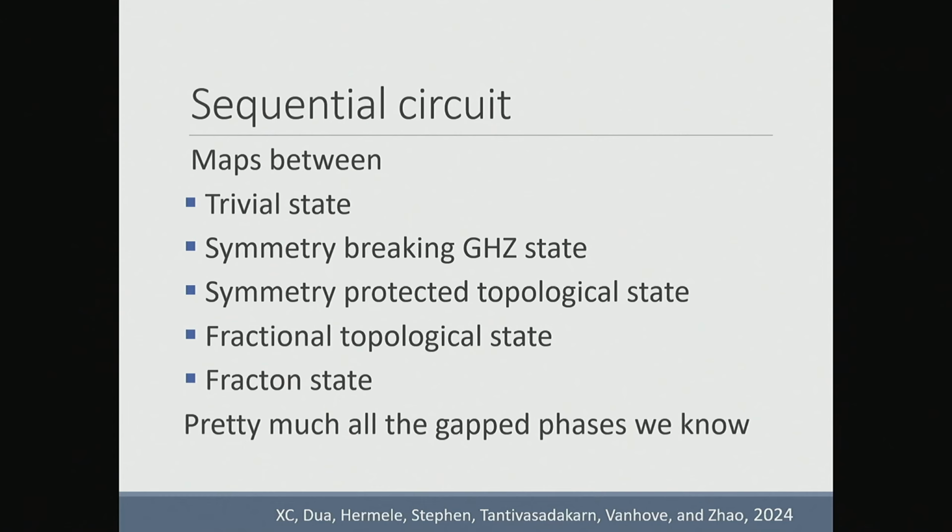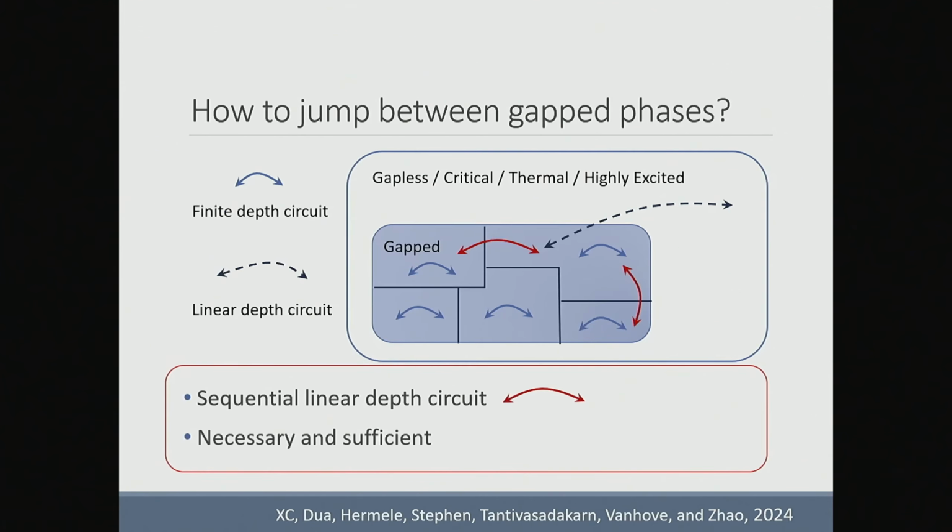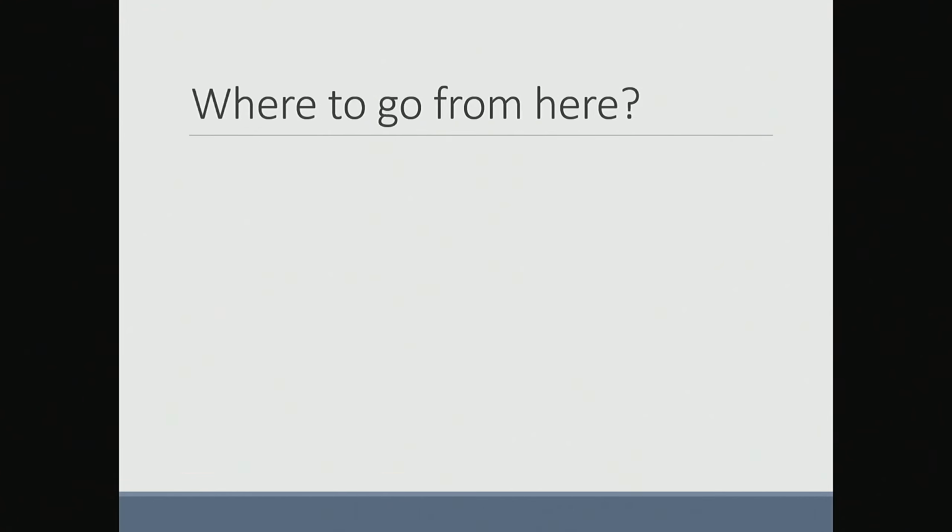I showed you 2 examples previously that are already known, but then we quite meticulously went through all the gapped phases we know up to 3 dimensions, and showed that a sequential circuit can be designed to move between the phases. Okay, so that's the result here. That says that the sequential linear depth circuit is the answer. That's both necessary and sufficient.